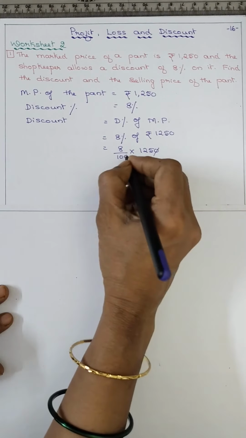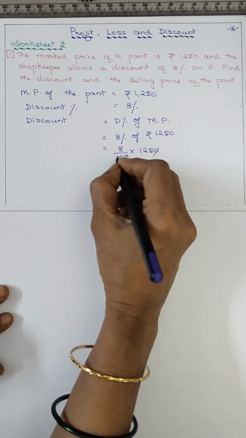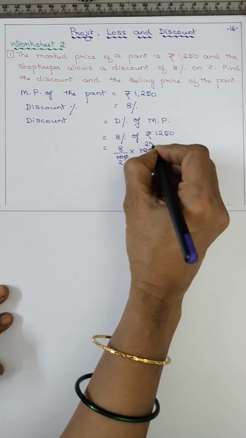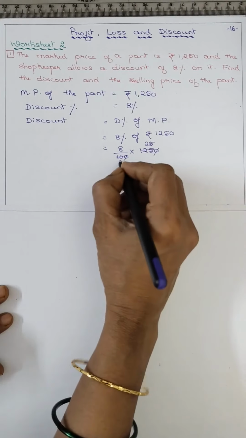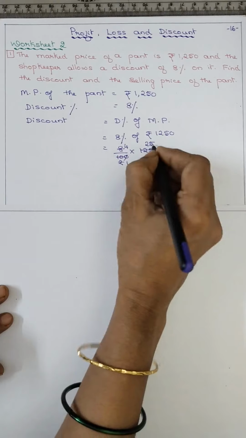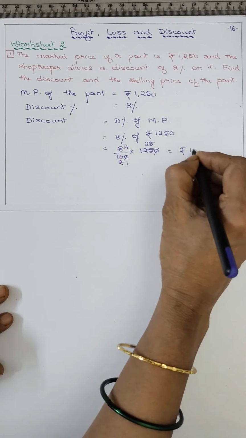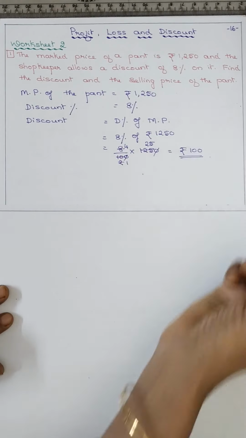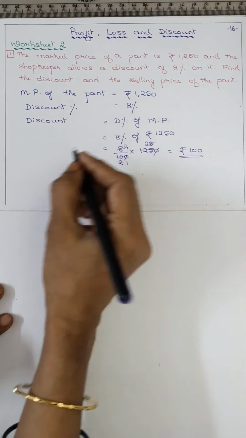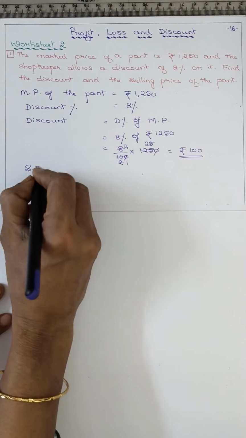So 0 cut, 5 2s are 5, 25s are 125, 2 1s are 2, 4s are. Now 4 25s are, that is rupees 100. This is discount.